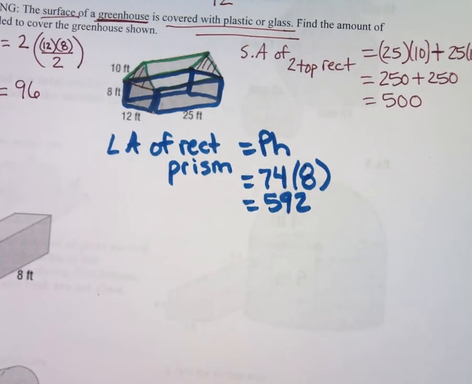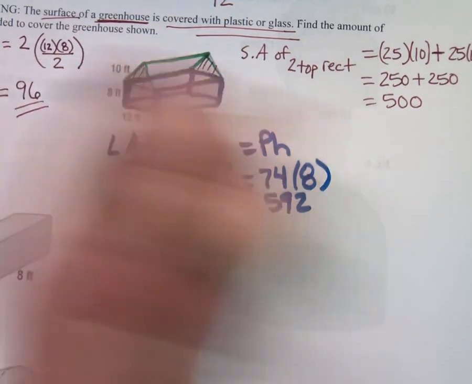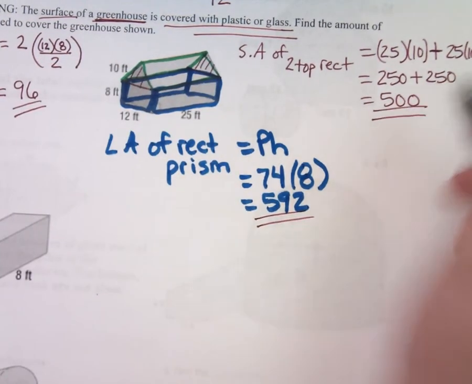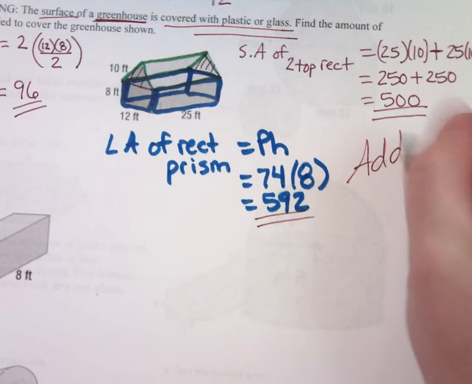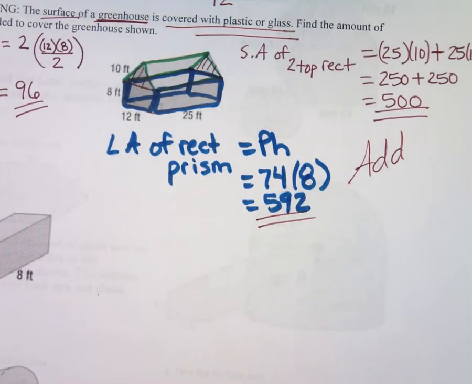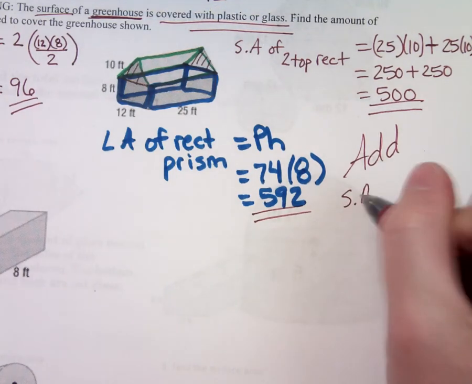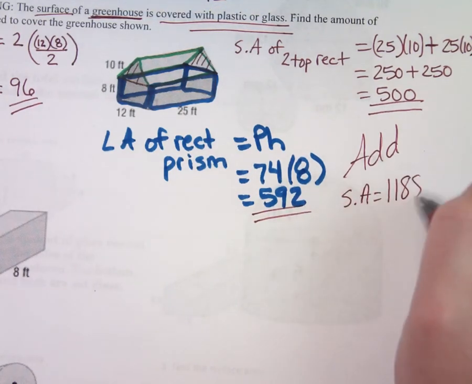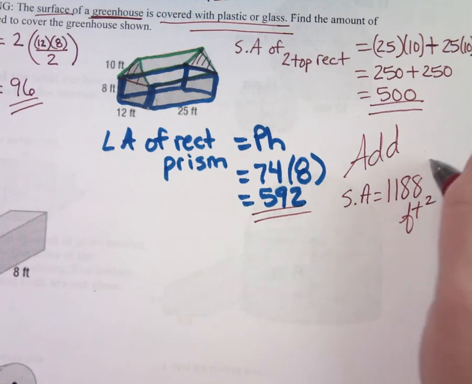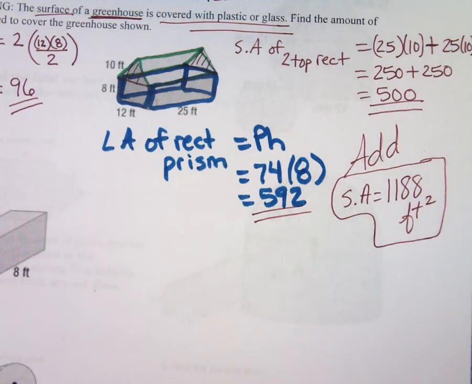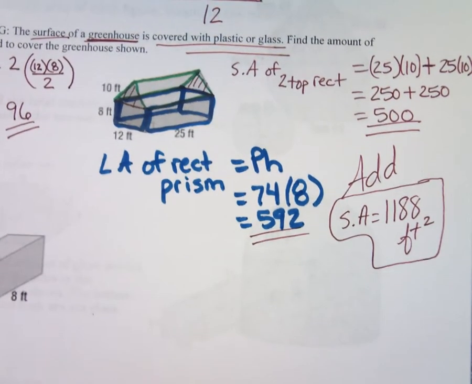Add them all up. So I'm going to take my 96, my 592, my 500, and add them. Can someone tell me what you get? Okay, so our total surface area would be 1188 feet squared.